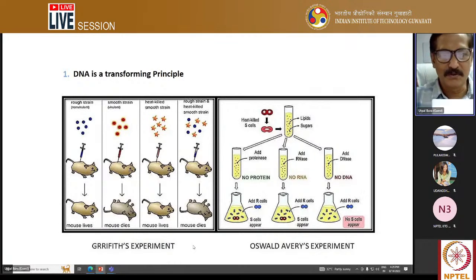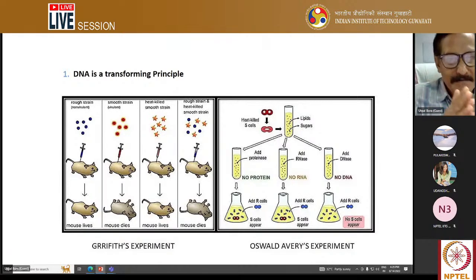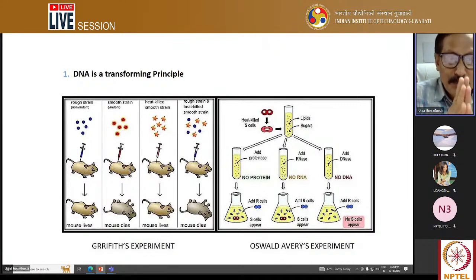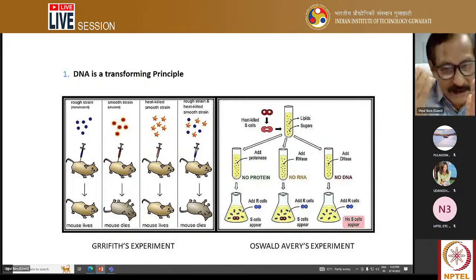So from this observation came the idea of the transforming principle, that something in this mixture makes the rough strain, which is the live strain, virulent. And this virulence factor definitely has to come from the heat-killed smooth strain, which otherwise, if alive, causes the disease and kills the mice.